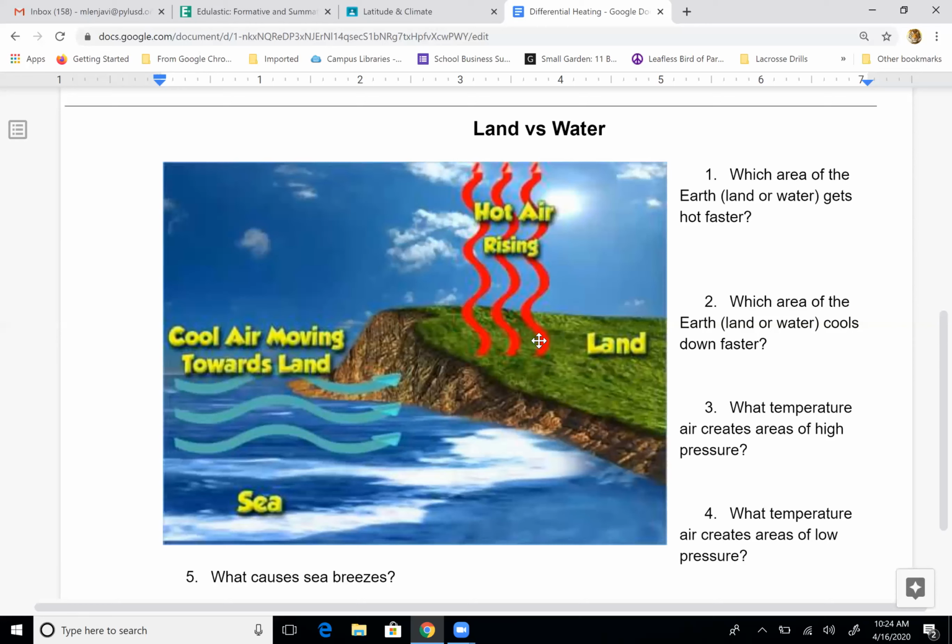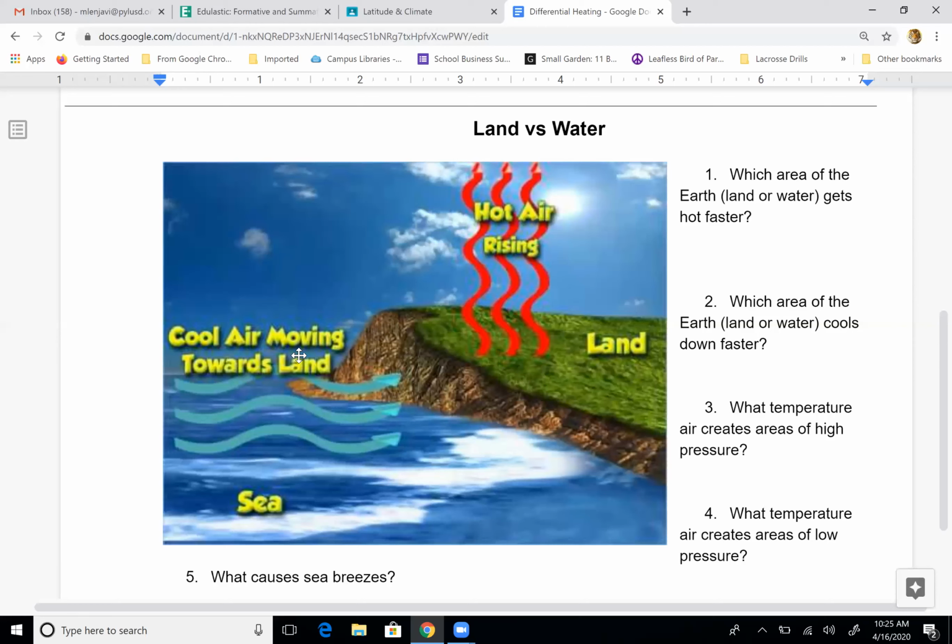Okay, and we're going to go a little bit more into detail in a following video about density of air and density of molecules, and why hot air rises and cool air sinks.